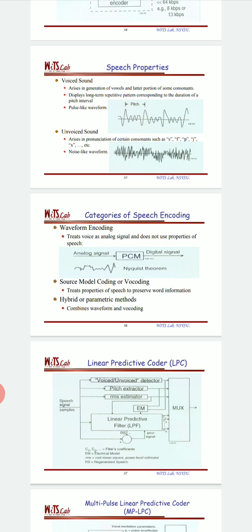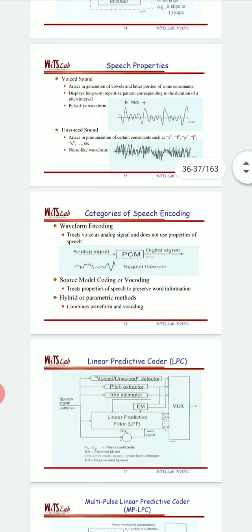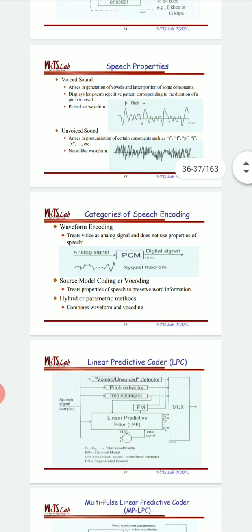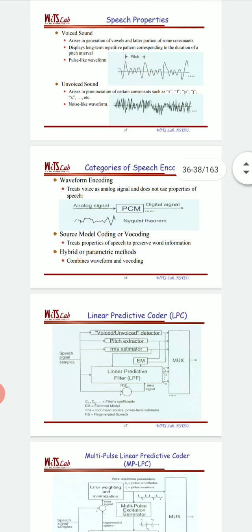An unvoiced signal arises in the pronunciation of certain consonants, like S, F, P, J, X, and so on, which do not produce much sound. It is noise, and we call it unvoiced sound. Its noise waveform looks like the one in the diagram below.